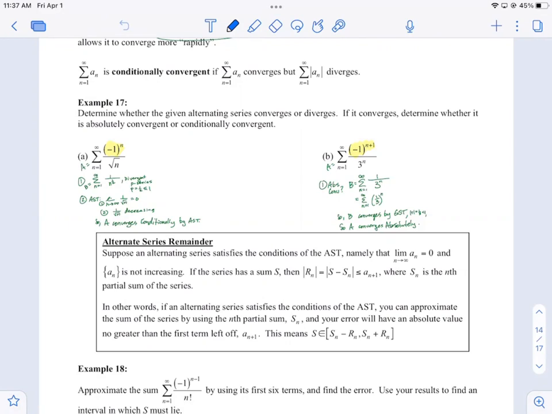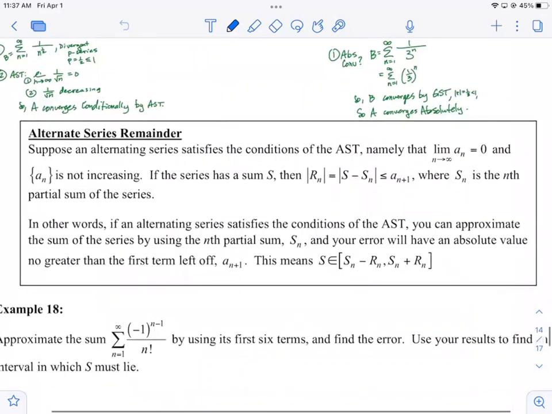Okay. So we're going to look at this little idea here right now, and this is a very important idea. Remember, the only series right now for which we can find the exact value is which type? Geometric, right? But there is hope for other series that don't have formulas to find the sum.